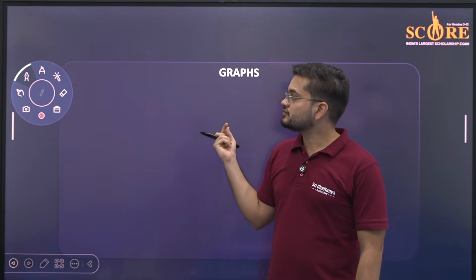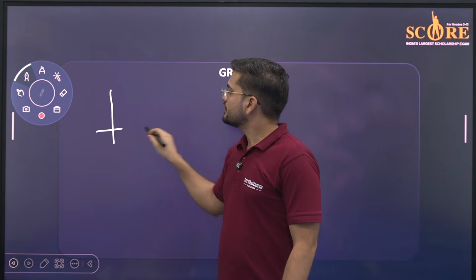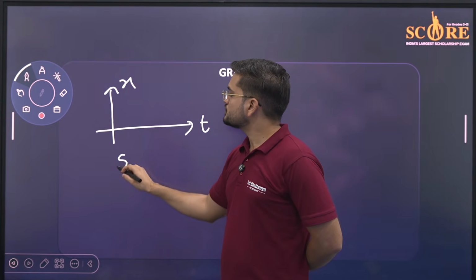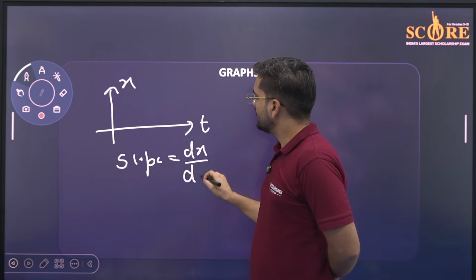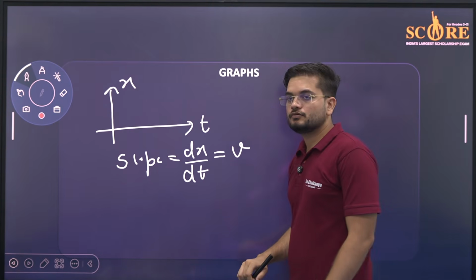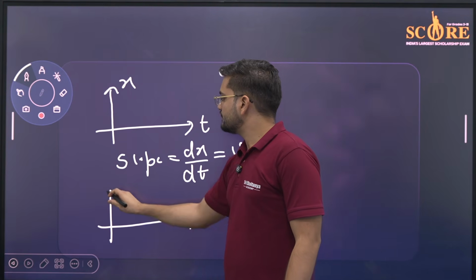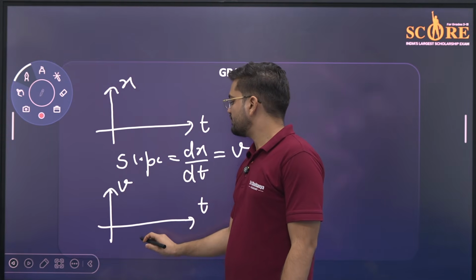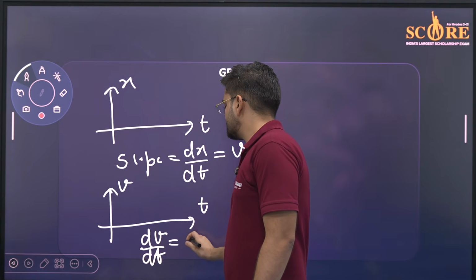So by using the concept we have discussed earlier, if I draw the xt curve, then the slope of xt will be dx by dt, and dx by dt is equal to v. And for the vt curve, the slope of vt will be dv by dt, and it is equal to a.